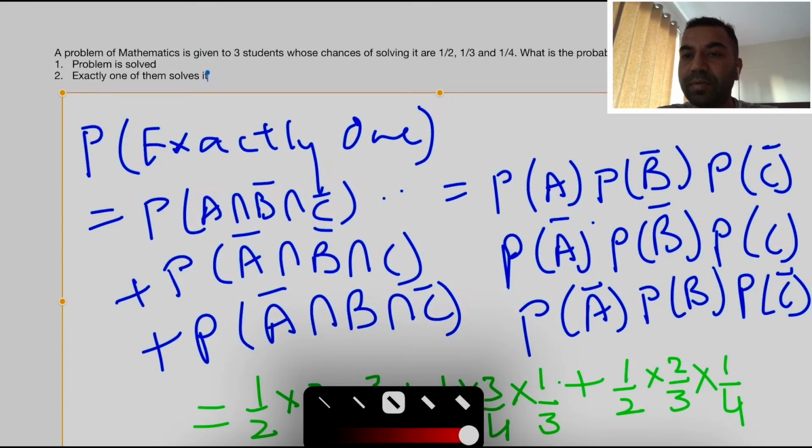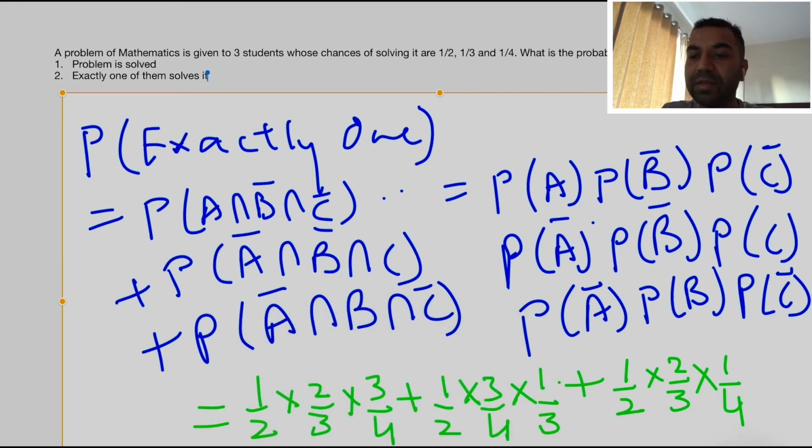Let us go to the second part of the problem now, which says that the problem is given to three students. Chances of them solving individually are also given: 1 by 2, 1 by 3 and 1 by 4. Now the second part of the question is that exactly one of them solves it, which means that either the first student solves and the second fails and the third fails, or the first student fails to solve it, the second student also fails, but the third one solves.